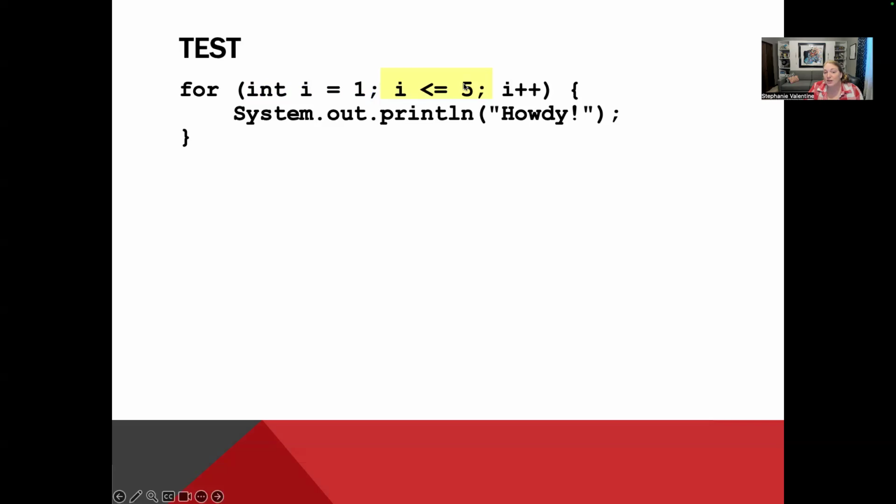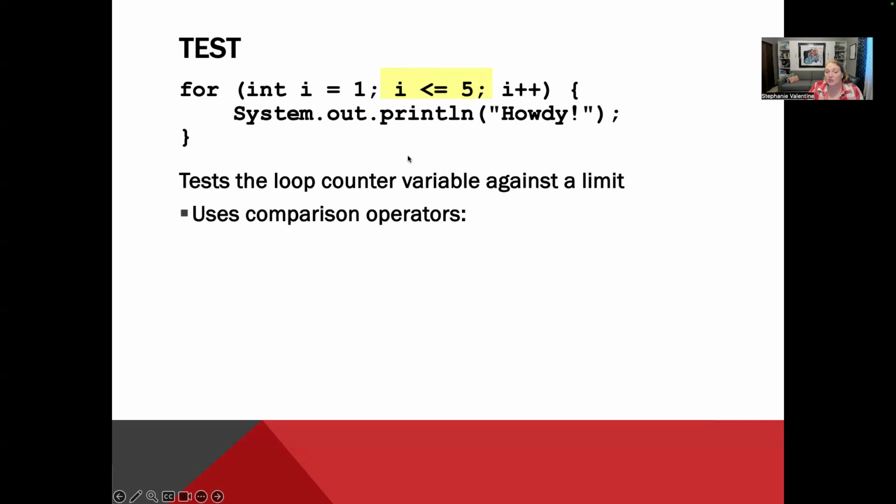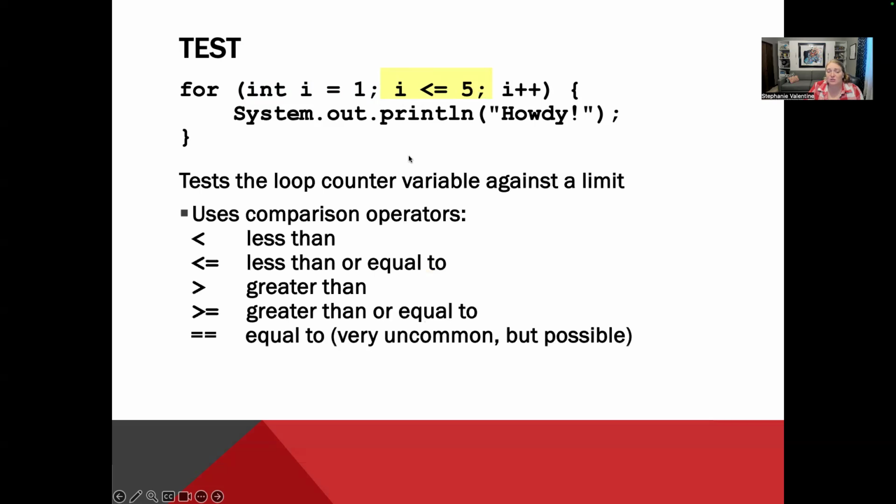While this Boolean expression returns true, while I is less than or equal to 5, we're going to keep going. That's what the test means. So it's testing the loop counter against a limit. You can use any comparison operators here. You can do less than or equal to, all of these things that you are used to.